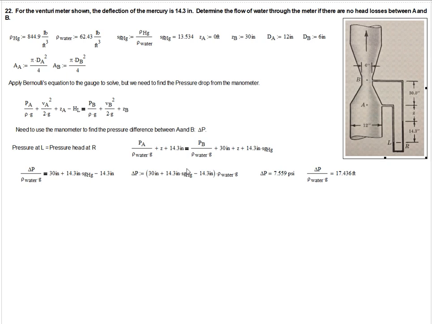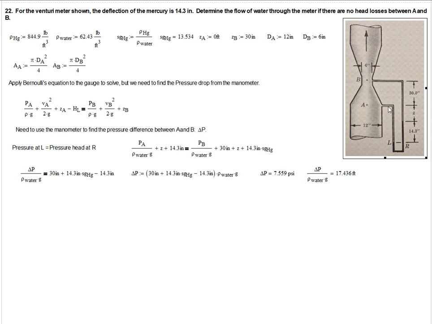We do the algebra, we plug in for the specific gravity, and we get our delta P. Our delta P is going to equal 7.56 psi. If we want to put that in terms of head units, which is length, we divide by rho water times g, and that will be 17.436 feet. All right, but anyway, what we needed was this pressure drop from position A to B.